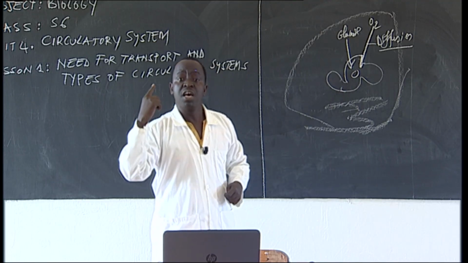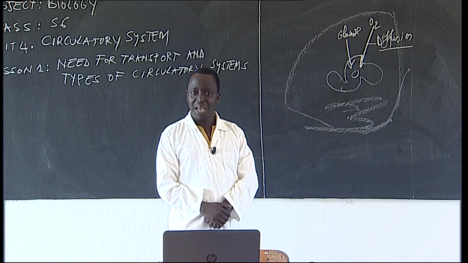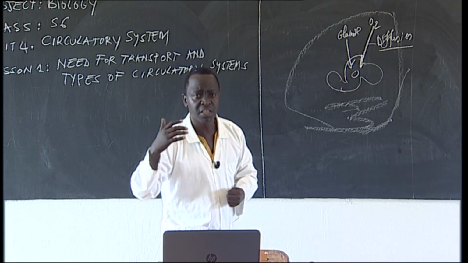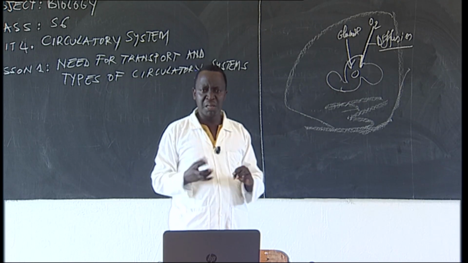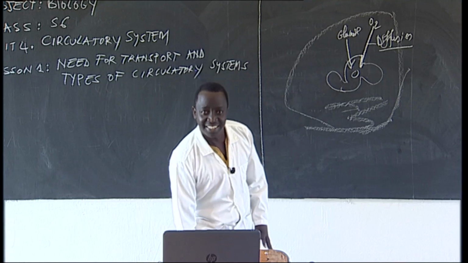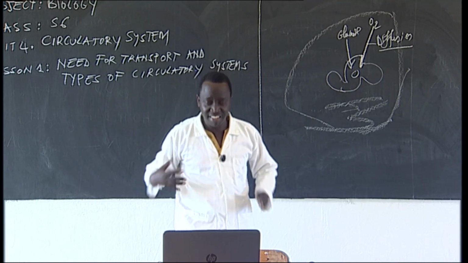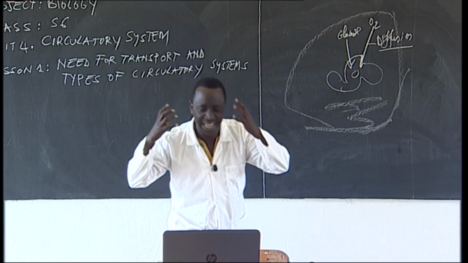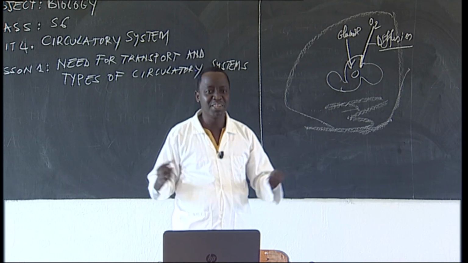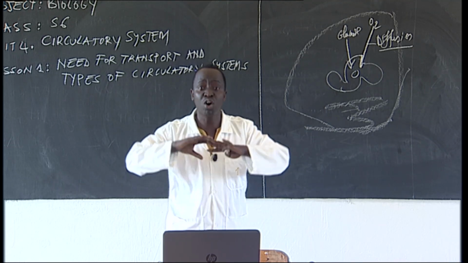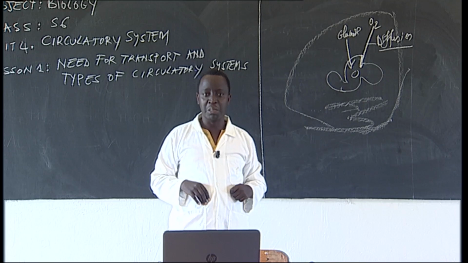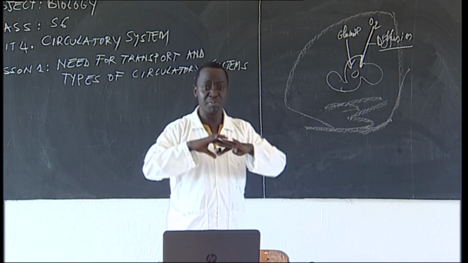Another reason, their body cells are located very far from the body surface, very far from the environment. Let's take the example of the leg. The leg needs oxygen. The cells that compose our leg, our head, every part of the body, not only human beings, but all animals, like lion, like leopard, all those organisms, they are large.